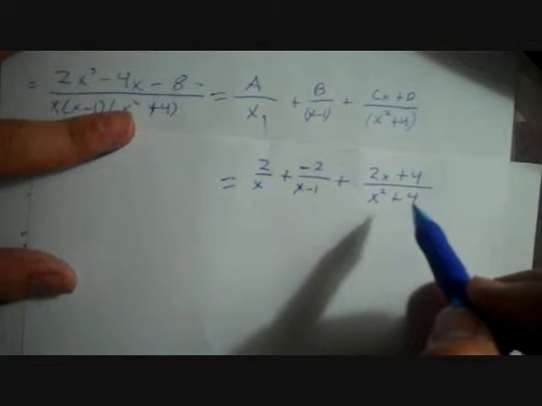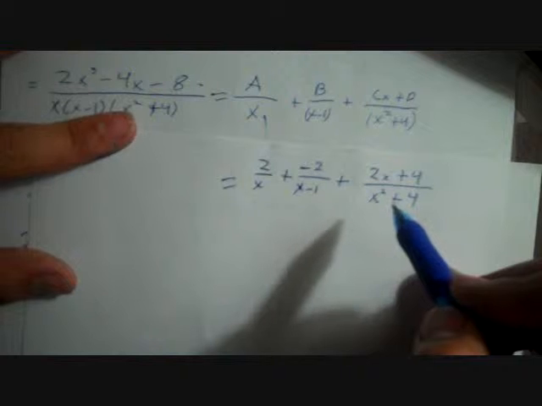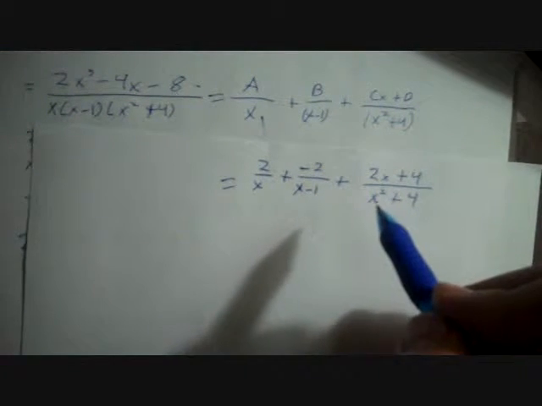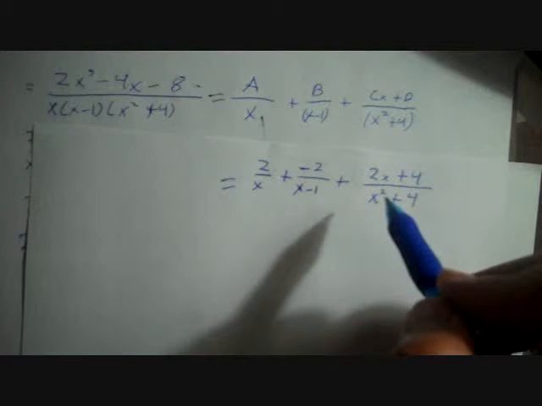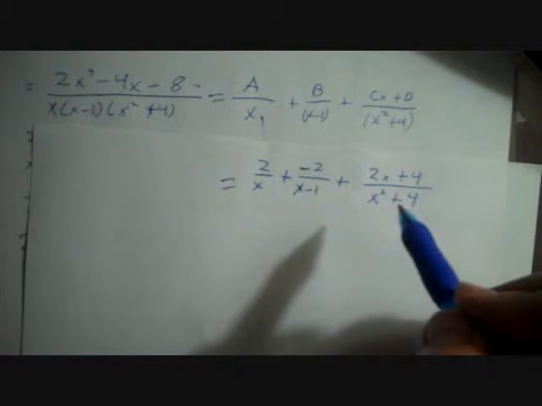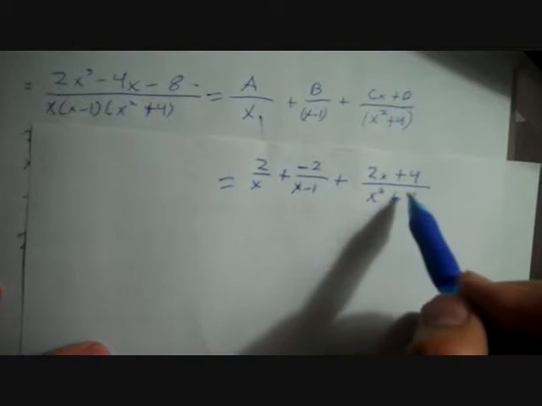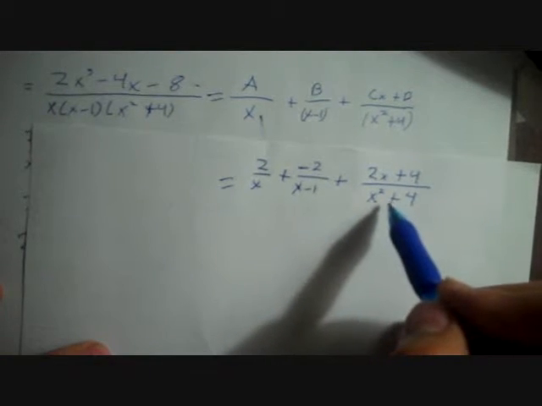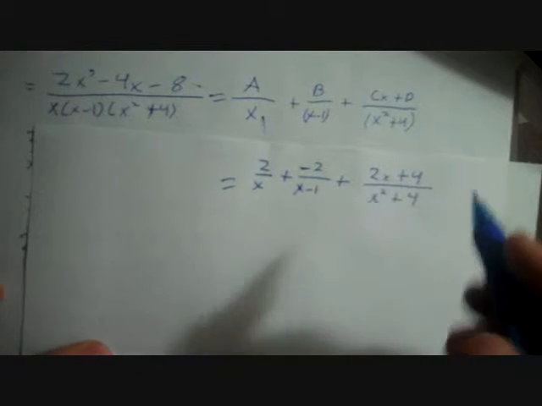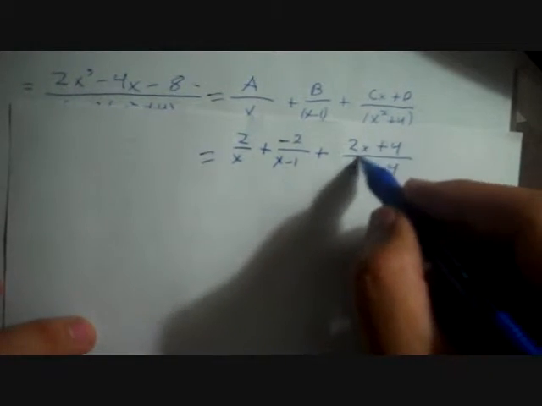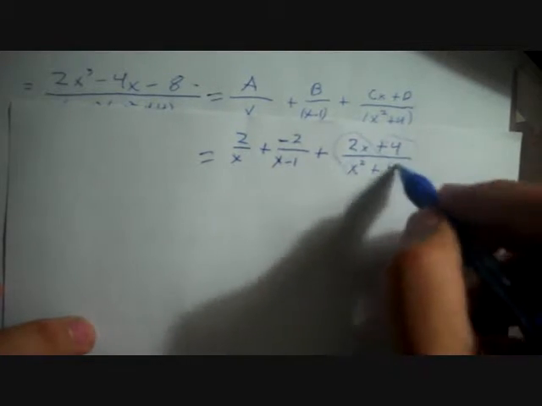And this is easily integrable. We think, oh wait, how are we going to do this? Well, the derivative of this isn't up here, but hey, we have a sum on the numerator, so we can split this into two different fractions.